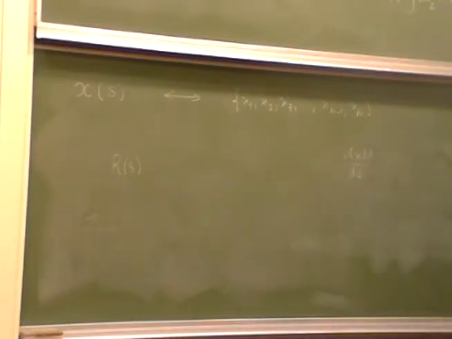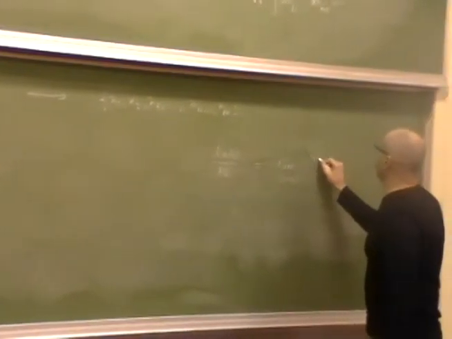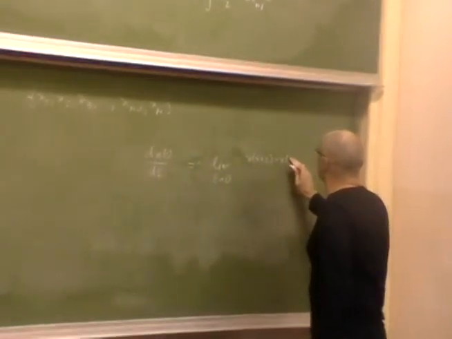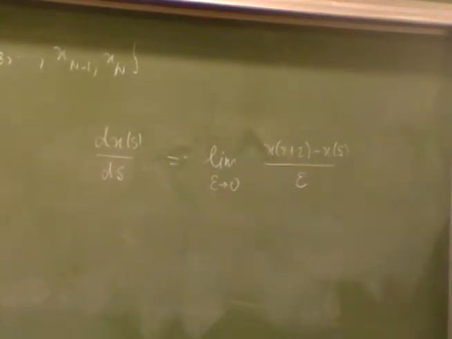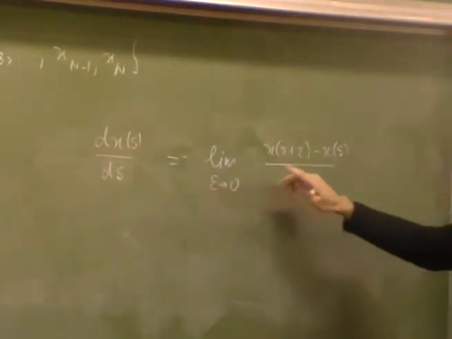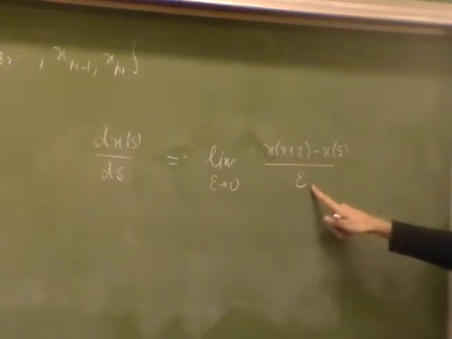You can always write it as some limit of a discrete process: the limit as epsilon goes to 0 of x(s plus epsilon) minus x(s), divided by epsilon. Basic definition. So you could think about this continuum walk as being the limit of taking two adjacent positions divided by the separation of these positions.